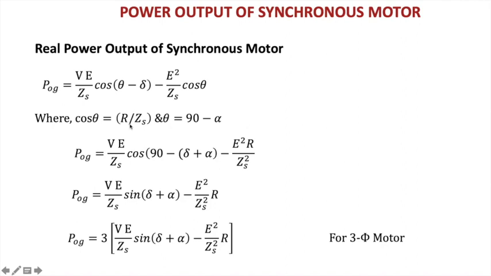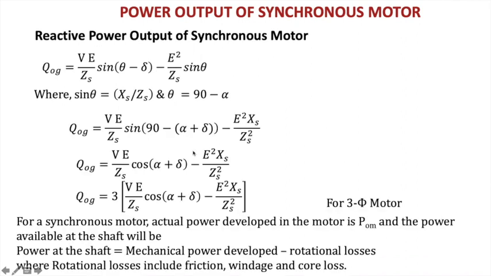Substitute cos theta as R by Z and theta equal to 90 minus alpha. After substituting these values, you get the output power as VE by Zs sin del plus alpha minus E square by Zs square into the resistance of the given armature. For the 3-phase motor, the output power is multiplied by 3, because these are per phase quantities.